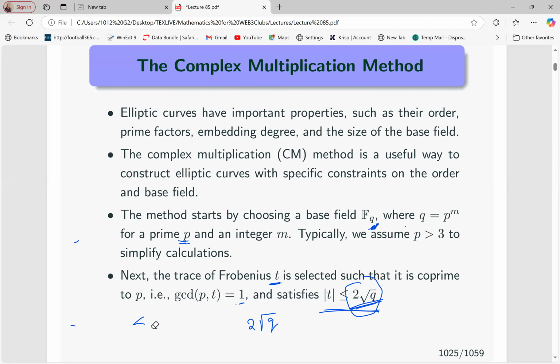So t must meet these 2 conditions. When we calculate t, we'll be getting the trace. But after getting the trace, we must ensure that it meets this condition. If it doesn't, then what we've calculated is not the trace. We have again to pick another trace.